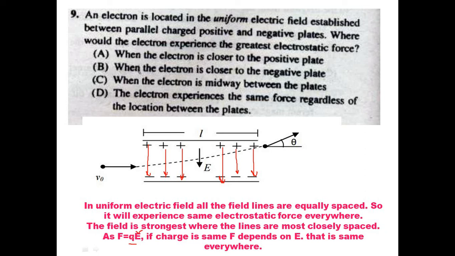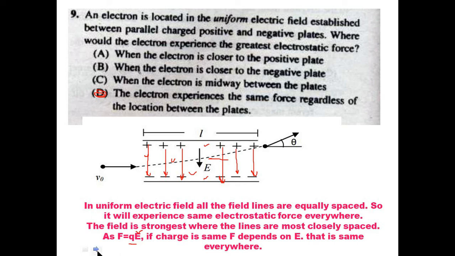If E is constant and Q is constant, then the electric force experienced by the electron is the same. Either it is here, here, here, or somewhere mid or closer to the positive charge or negative charge, it will be the same. Okay, so option D is the correct option.